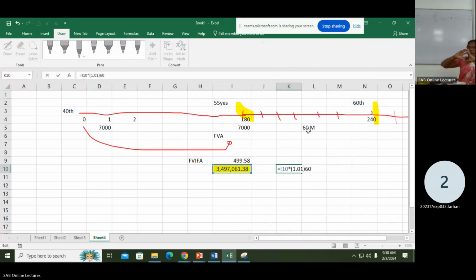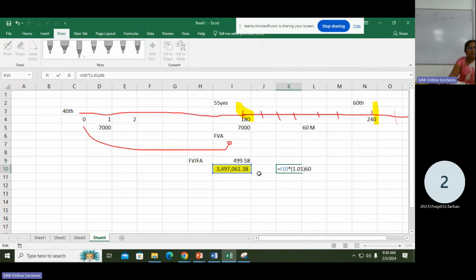The annual interest is 12%, but the compounding frequency here should also be monthly. It cannot change; if you take annual here, fundamentally that is wrong. This is the same investment, so for these 5 years also interest is calculated monthly.